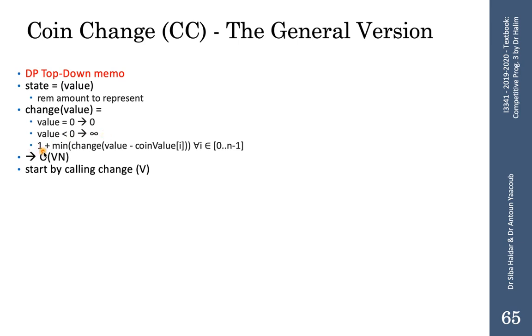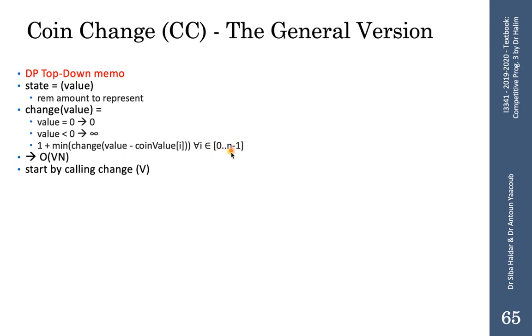And the general case is: for a certain value, the minimum number of coins to represent it is the minimum, over each i, of 1 plus change of value minus coin value i.